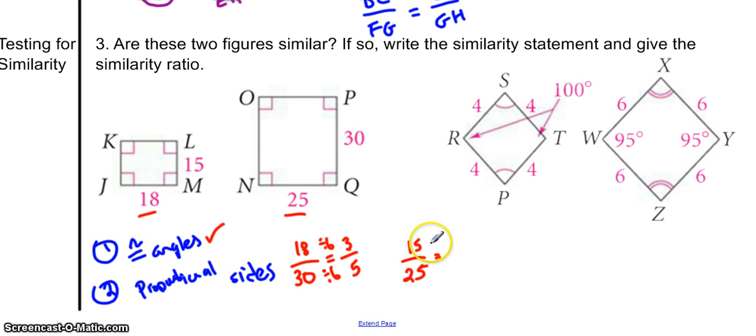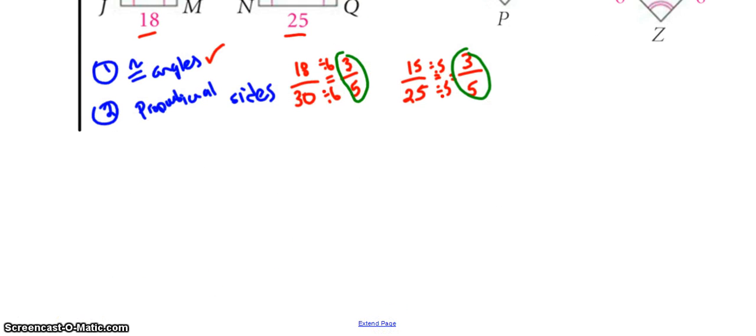Let's divide the top and bottom by 5 this time. It gives me 3 over 5. So wait a second. Now when I line the sides up in this way, 18 over 30 is 3/5. 15 over 25 is 3/5. What does that mean? Well, that means that the sides are proportional, and that this figure is proportional to this figure, which means that, yes, they are similar to each other.